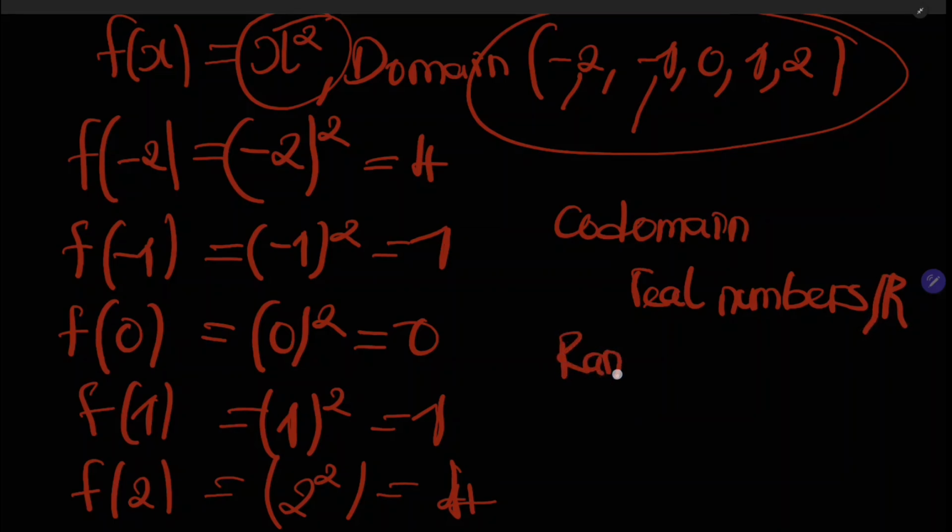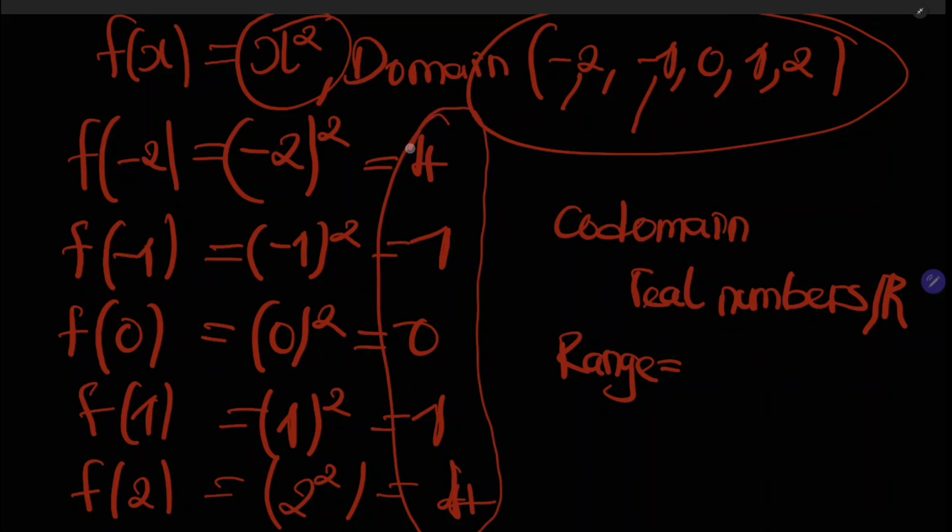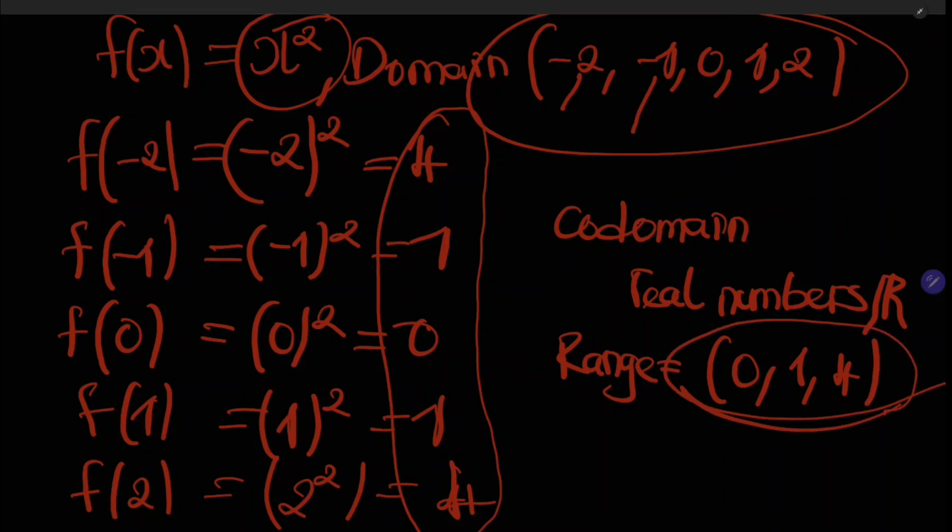And the range: from these outputs that we have gotten, we see that it ranges over 0, 1, 4. So the range is 0, 1, 4. These numbers are still real numbers, and that is why I said the range is a subset of the codomain.